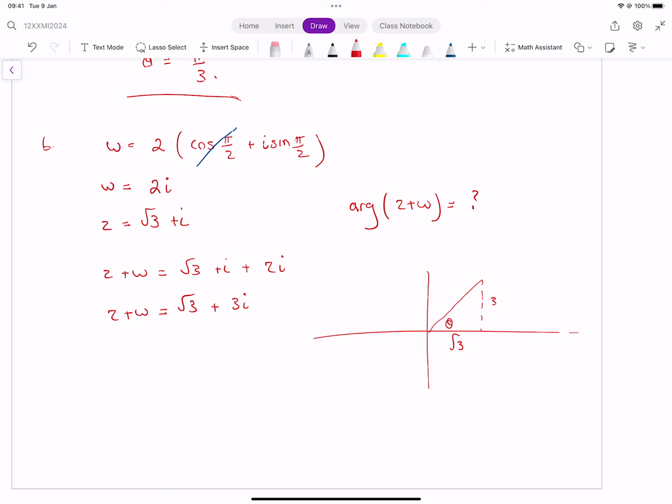We put our theta here. So tan of theta is opposite over adjacent, 3 on root 3. Now 3 on root 3 is just root 3, so we rationalise the denominator there. And tan inverse of root 3, I'm pretty sure, is pi on 3.